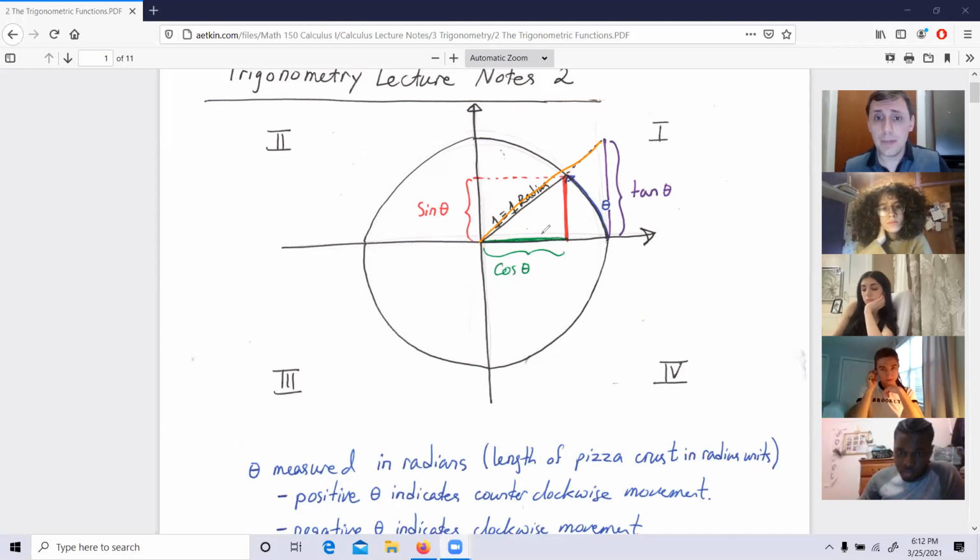You see why? Because I dragged this green side to be of length 1. That will drag the red side to be the same as tangent. Here it is. And secant will be this over this full length, which is the same as this over that.